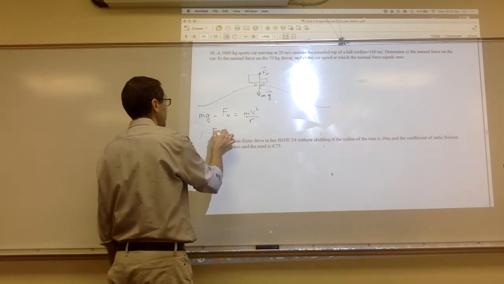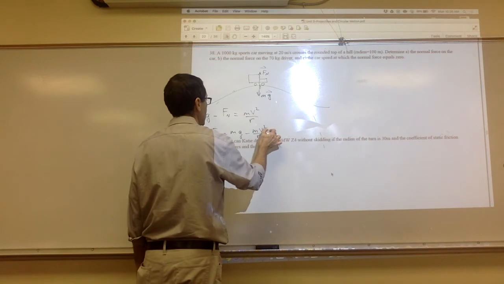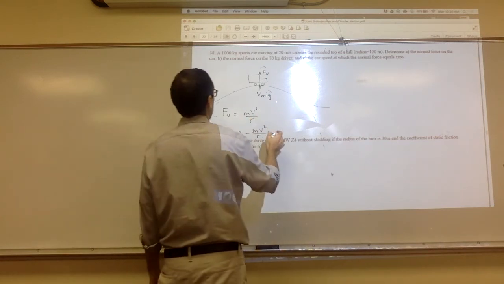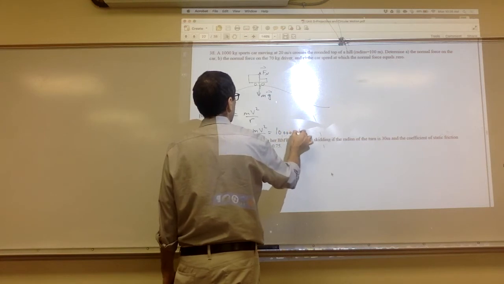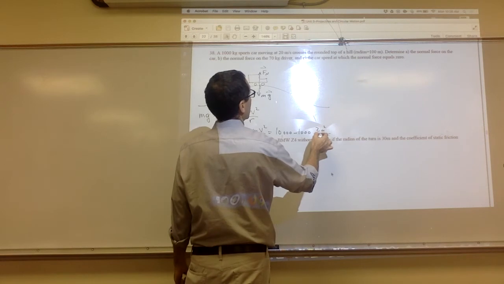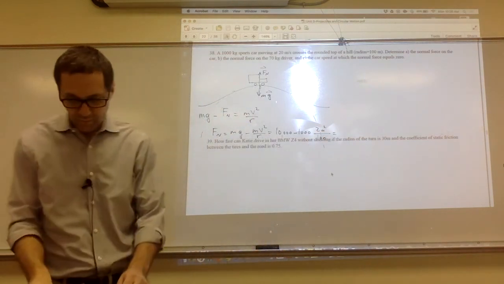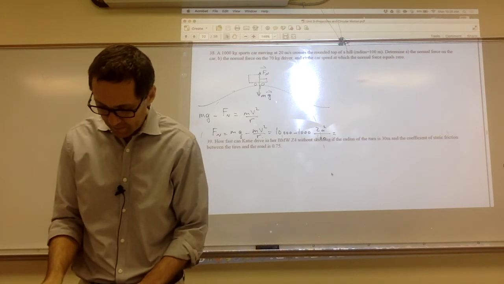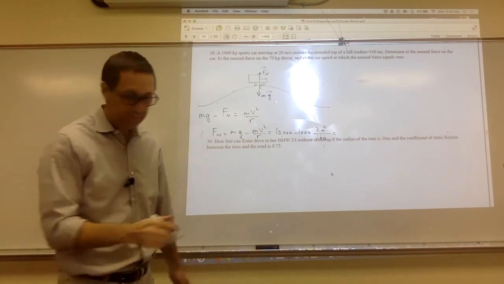Which makes Fn equal mg minus mv squared over r. Now mg is 10 times 1,000, so that's 10,000 minus 1,000 times 20 squared over the radius, which is 100. And if you do the math here, you should get 6,420.